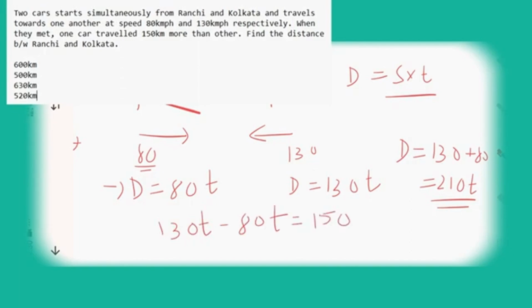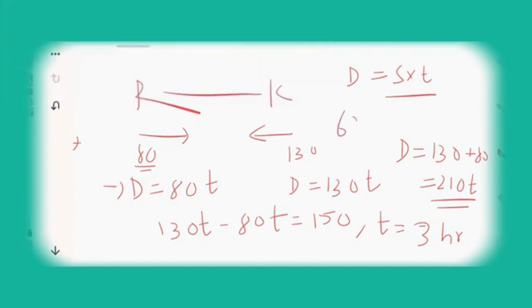So t will be 3 hours. So the answer is 210 multiplied by t, that means multiplied by 3, so 630 will be the correct answer.